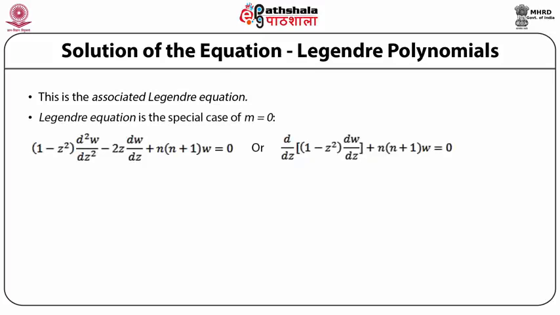Finally, if we consider the special case of m equal to 0, we obtain the Legendre equation given by 1 minus z squared into d2w by dz squared, minus 2z dw by dz, plus n into n plus 1 into w is equal to 0, or equivalently d by dz of within brackets 1 minus z squared into dw by dz, bracket close, plus n into n plus 1 into w is equal to 0.